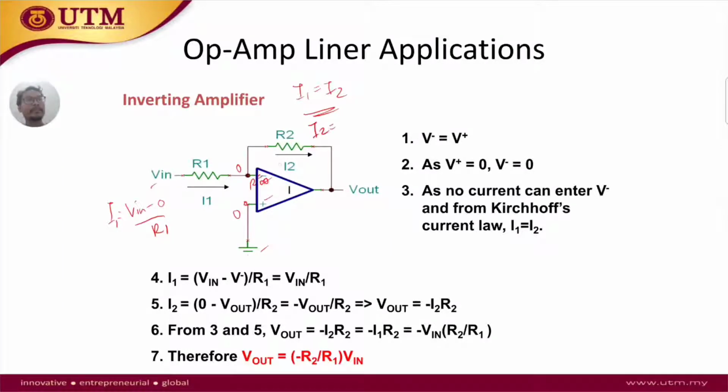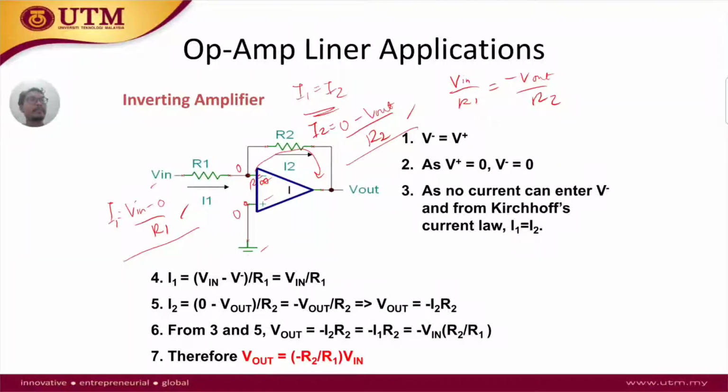And then I2 is going like this, so it says 0 minus V out over R2. So we have I1 and I2 that we have derived from the analysis, and we know that I1 equals I2, and therefore V in over R1 is equal to minus V out over R2, by looking at these two together.